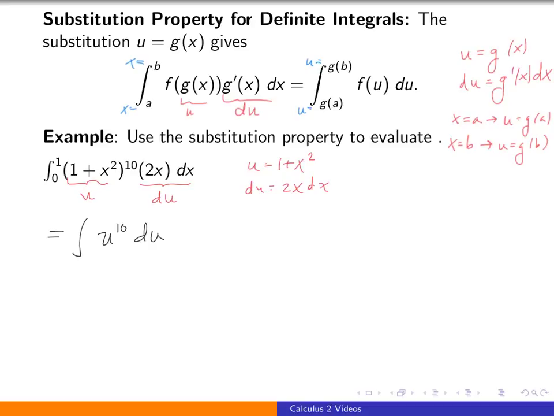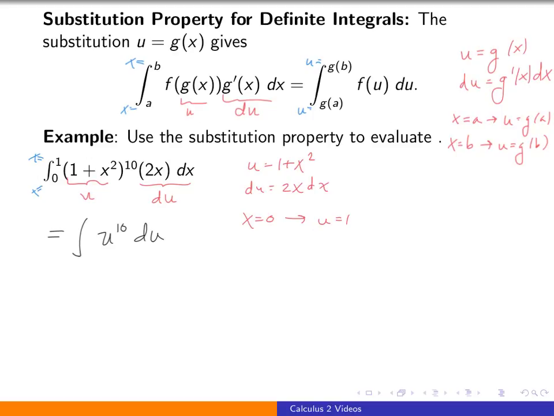So this becomes significantly easier, but we do need to change our limits of integration because recall, this integral we started with goes from x equals 0 to x equals 1. So when x is equal to 0, our lower limit of integration is going to be u equals 1 plus 0 squared. So u equals 1.